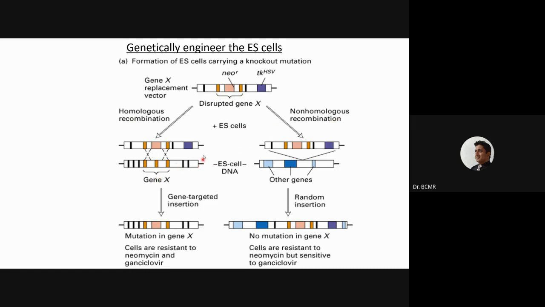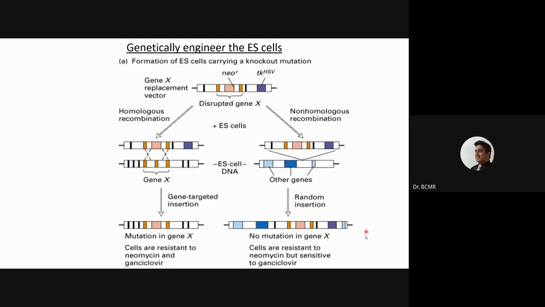So we want homologous recombination, but we do not want the ones from non-homologous recombination. So how do we differentiate that? In homologous recombination, thymidine kinase from herpes simplex virus will not get integrated because it's outside the boundary of homologous recombination. Whereas in this one, the whole thing will get incorporated, so it will get thymidine kinase as well.